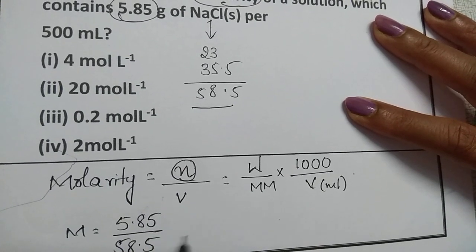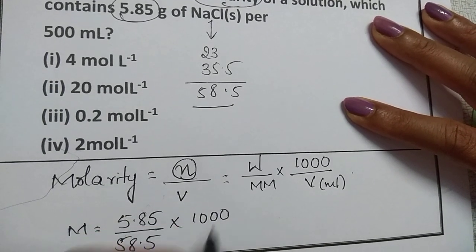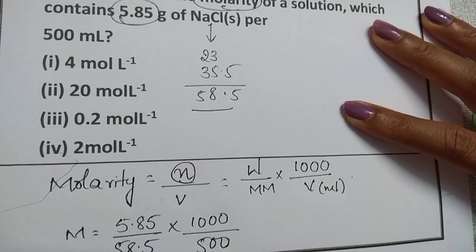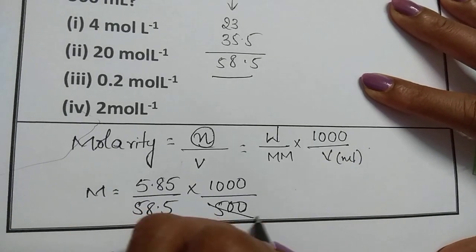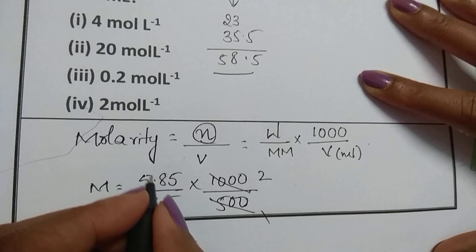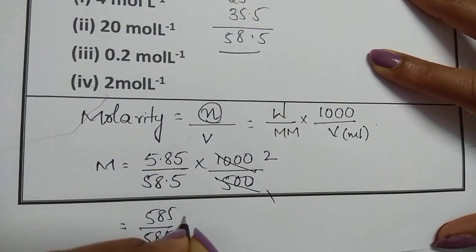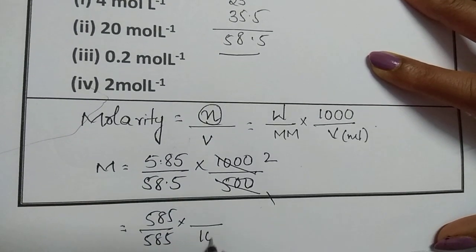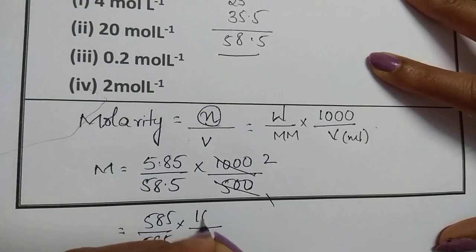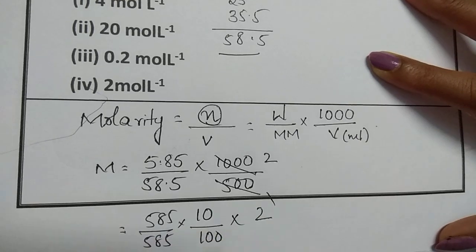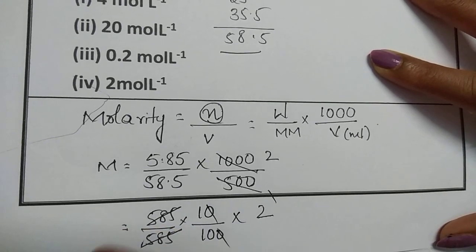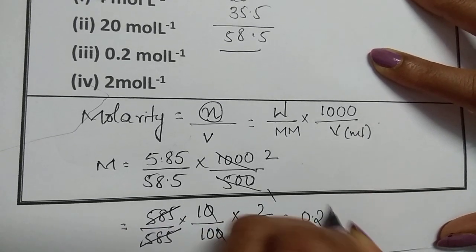Substitute 58.5 into 1000 by volume, given in the question as 500 ml. Then 500 ones are 2s. Then remove the points, 585 by 585. If you remove 2 decimals, you need to put 100 here. If you remove 1 decimal, you have to put 10 here. Then 0 cancel. It is 0.2.